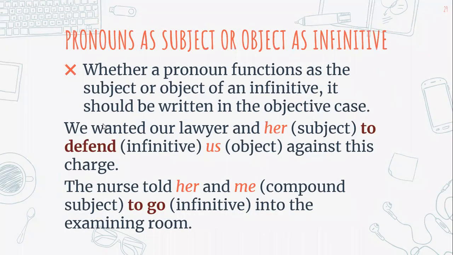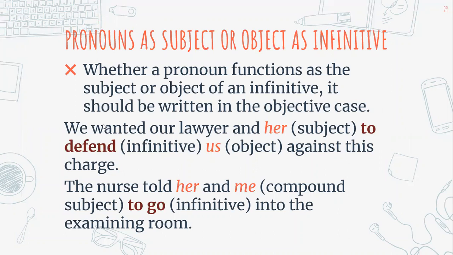So, pronouns as subject or object of an infinitive. Whether a pronoun functions as the subject or object of an infinitive, it should be written in the objective case. We wanted our lawyer and her, which is the subject, to defend, infinitive, us, object, against this charge.